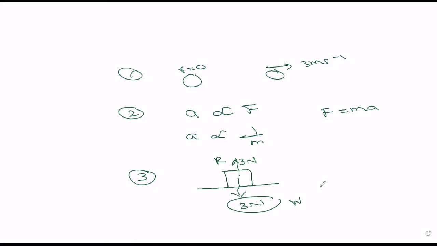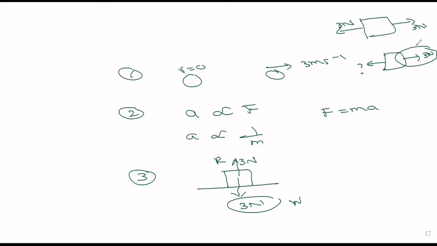They are asking me to repeat the first law again, children. The first law is until an unbalanced force. Unbalanced force means, now see, if I have a 3 Newton force in this direction, and in the opposite direction I also have 3 Newton, we call that a balanced force because both are equal in magnitude. If I have a force only in this direction, and no force in the opposite direction to balance it, then we call it an unbalanced force.